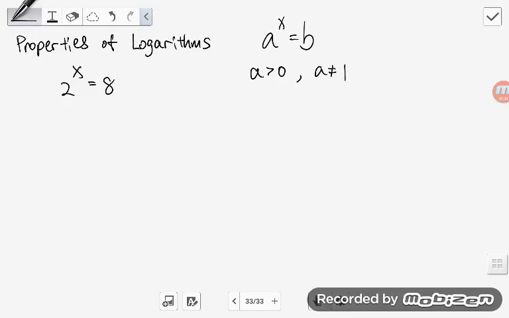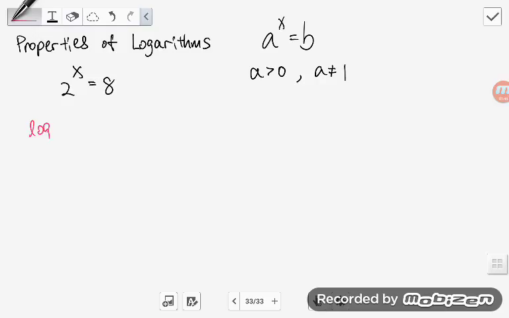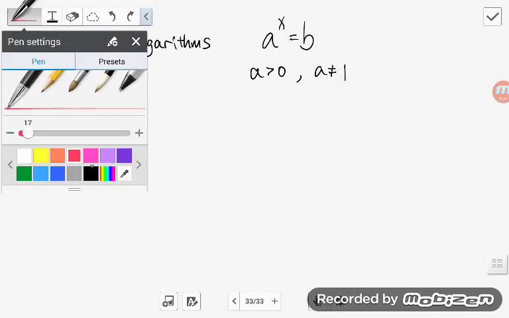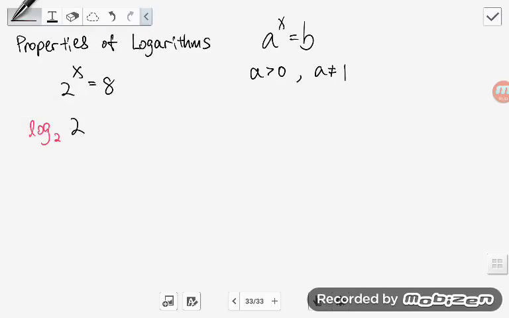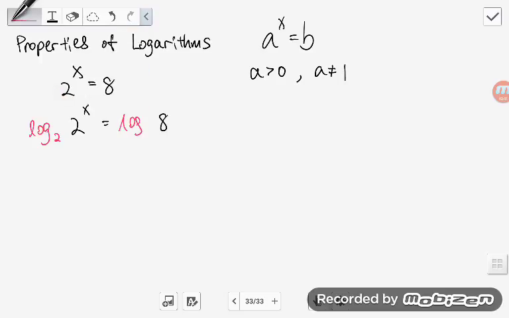Because if I do this, if I say log, for now you might not be able to understand what I'm doing here, but I'm just showing you the general idea. Log 2. So I'm going to log both sides. We'll be talking about the individual parts of the log later on, but for now I'm just taking the log of both sides.